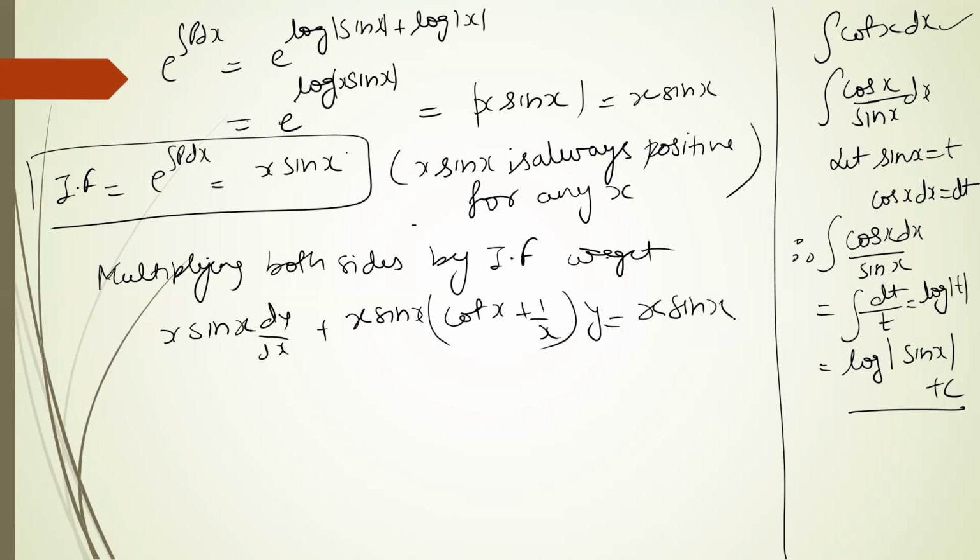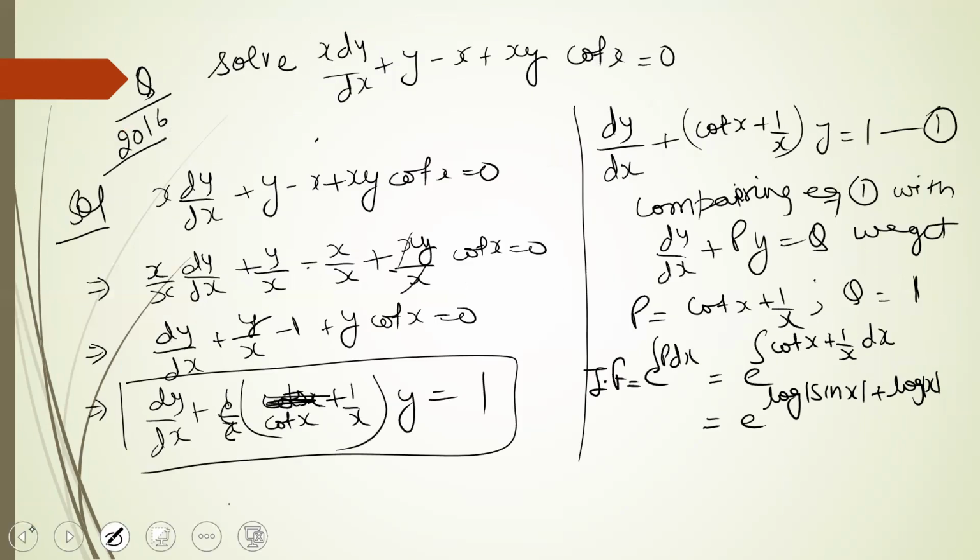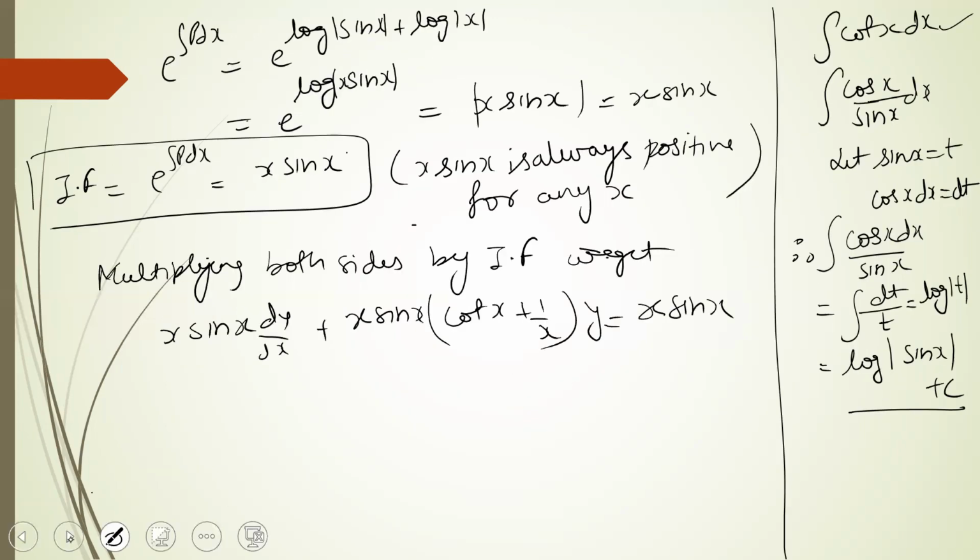ये बेसिकली हमने कहा किया, ये हमने हमारी मेन इक्वेशन में किया. We did this here. Okay, we multiply both sides with the integrating factor. Now we just have to solve the problem.